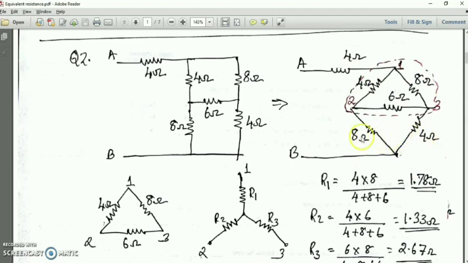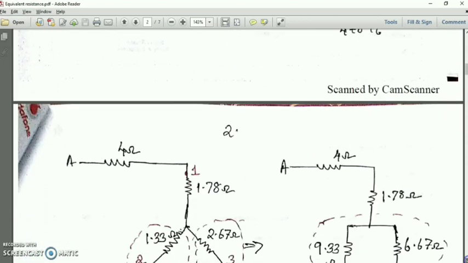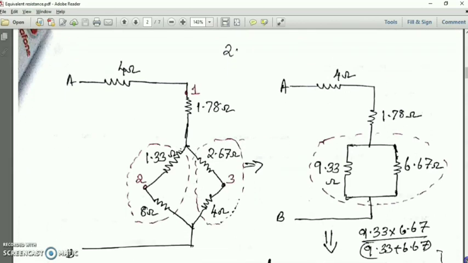Even their alignment does not change. Okay, I hope you understood. So here we are having 1.78, 1.33, 2.67. They have replaced the earlier delta. Now this 8 ohm and 4 ohm and this 4 ohm is remaining in their earlier positions.